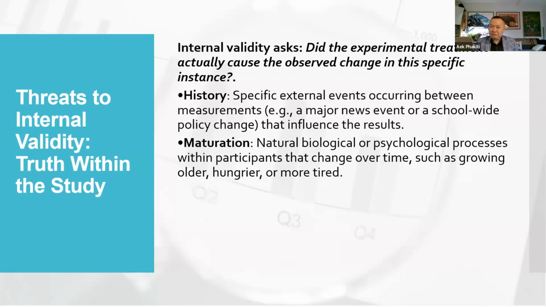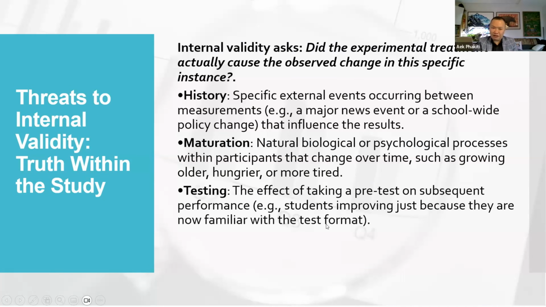So it's something that changes over time and occurs naturally. But it can also be something to do with psychological processes as well, things like when you feel hungrier or tired. When you're tired, it can affect the outcome.